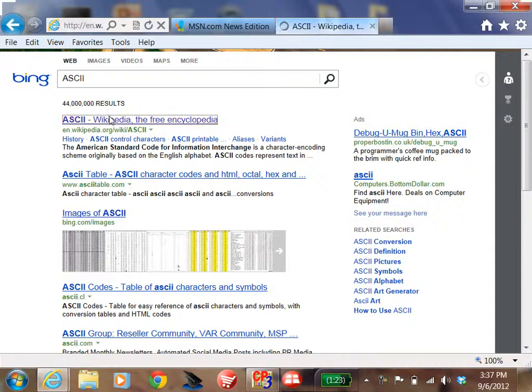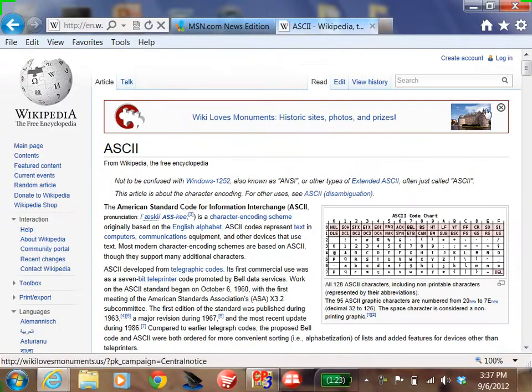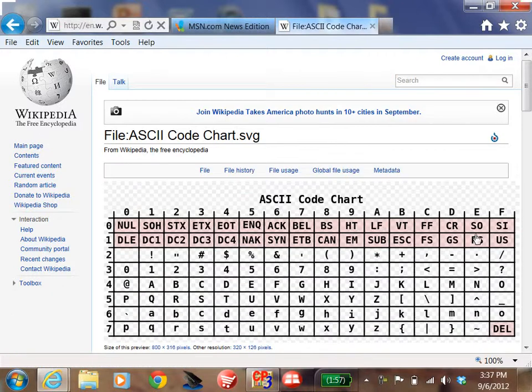Wikipedia. Here's ASCII. How do I read it? A capital D in ASCII: how would I store a capital D? I would store it as 4, 4.